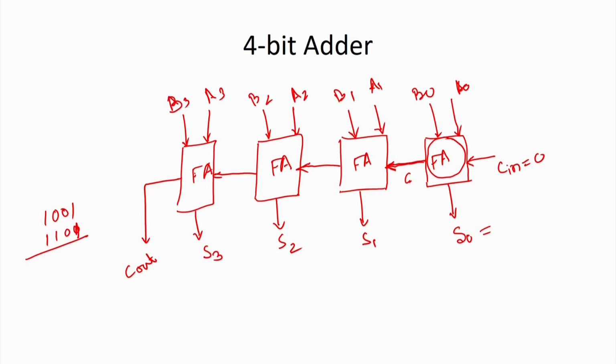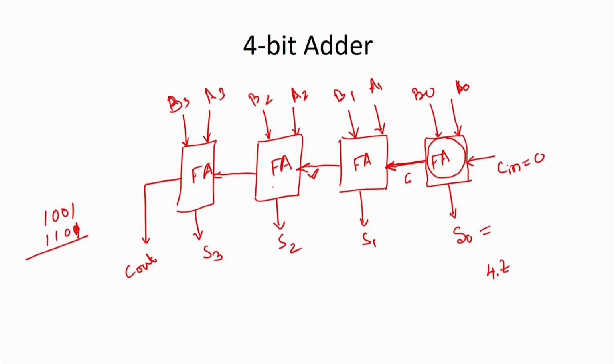So, like that the second full adder is going to give me some output, and the third full adder needs to wait for that particular stable output. In that case, you just see that if the propagation delay of the first adder is some time t, then the total time required to get a correct output will be 4 times t, because the first full adder is going to give me the correct result after t unit of time.